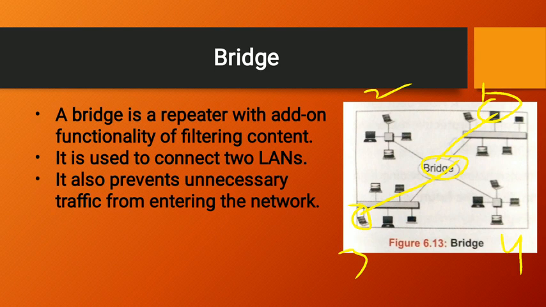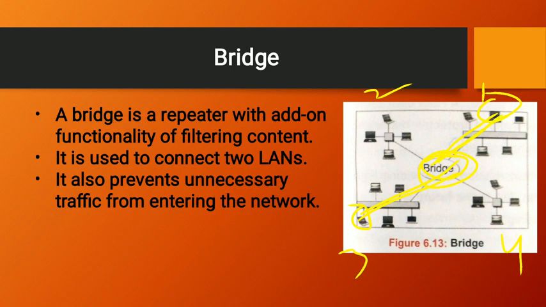Okay, if the middle computer is asking something of this computer, this computer will provide the data which is required. It will not ask which computer is asking or not. The bridge will automatically find out which computer in this network is asking for the data, and it will get to know that the middle computer is asking according to the network address. So it will identify and send to the particular computer.